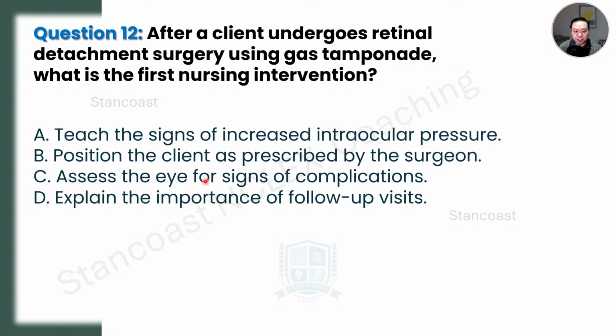You should do this assessment first. If you selected letter B, position the client as prescribed by the surgeon. This is also critical for the healing after the gas tamponade, but you should do first the assessment, whether the patient is having any complication after the procedure.